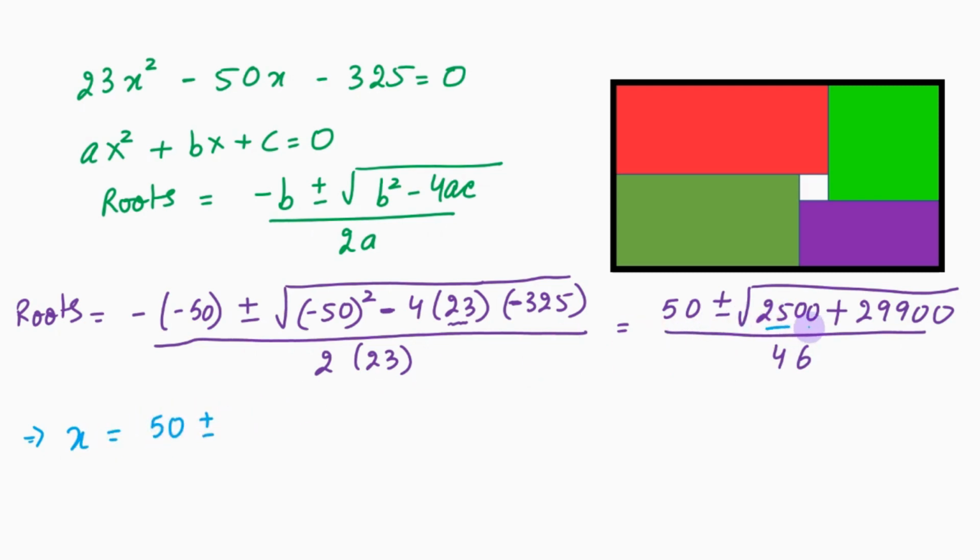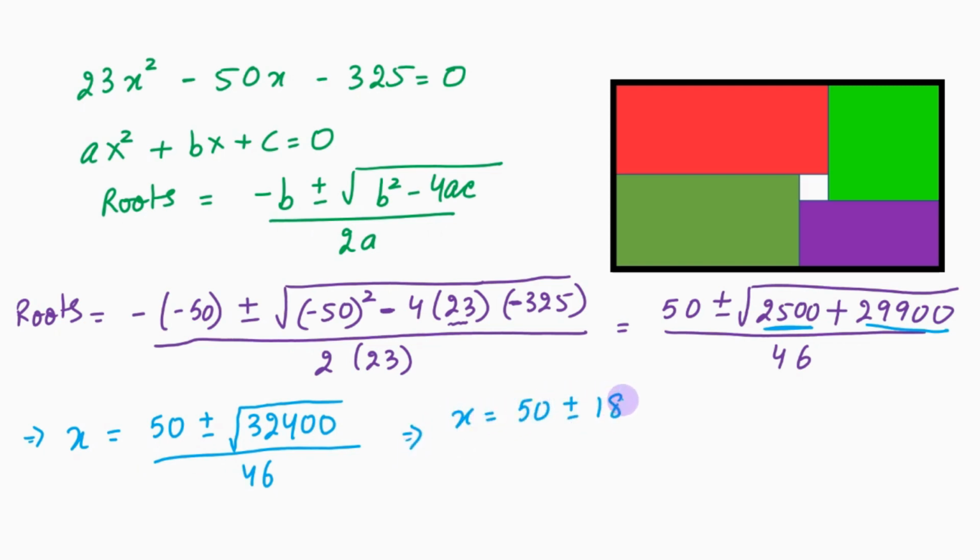Okay. Now the roots are x is equal to 50 plus minus. So when you add this number and this number, you actually get 32400, and 324 is the square of the number 18. Therefore, under root of 32400 will be equal to 180. Okay. So when divided by 46, this will give us x is equal to 50 plus minus 180 divided by 46.